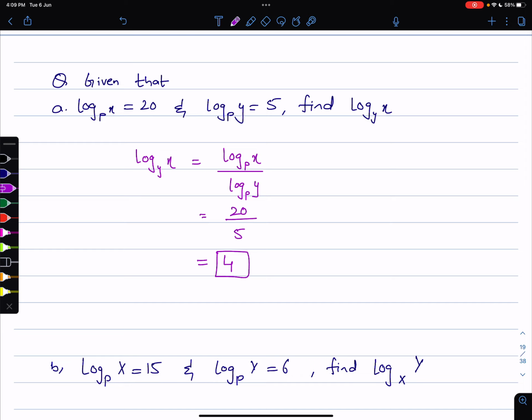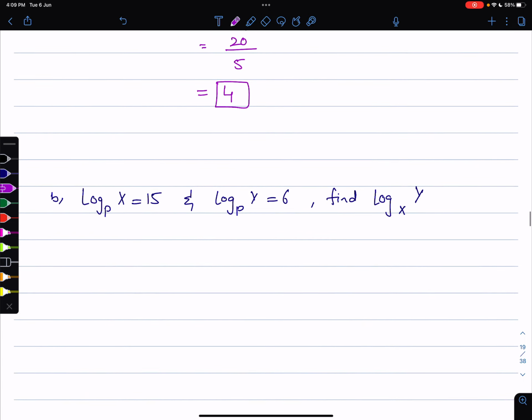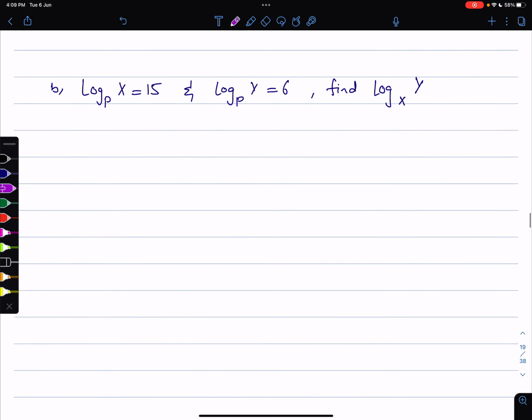The second part says log to the base p of x equals 15 and log to the base p of y equals 6. Find log to the base x of y. Again, we can introduce a log with the new base, that is log to the base p.